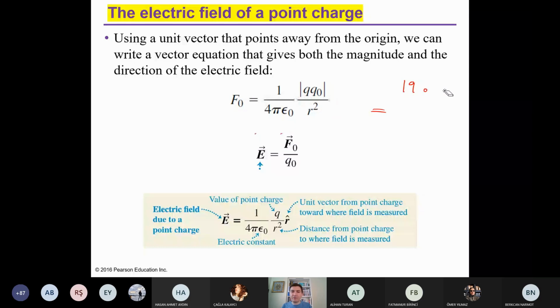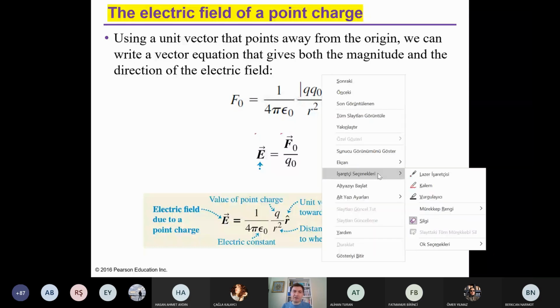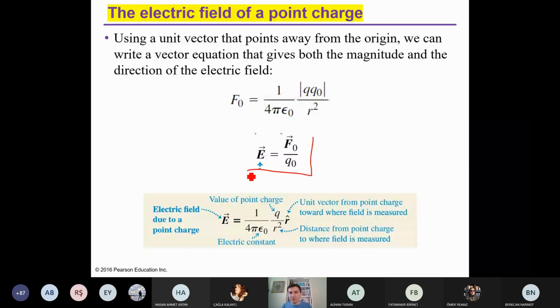Now, just use the formula for the electric field. Electric field is given with force over Q0, okay? Here we have a positively charged particle at S point, and here we have P point, and here we have a test charge. And due to this positive charge at S point, we have electric field or repulsive force.